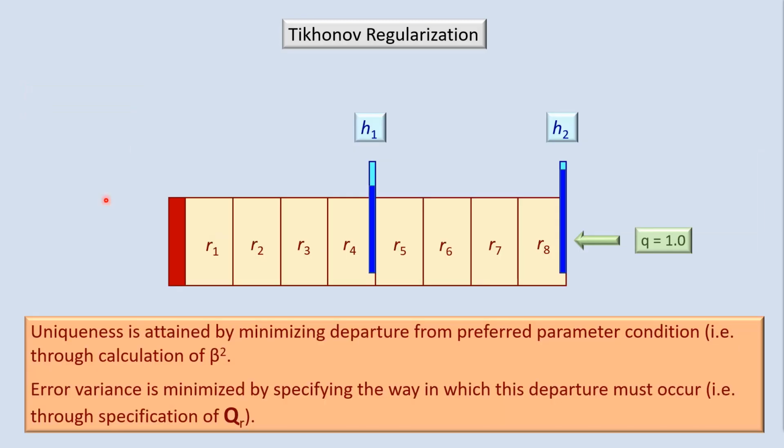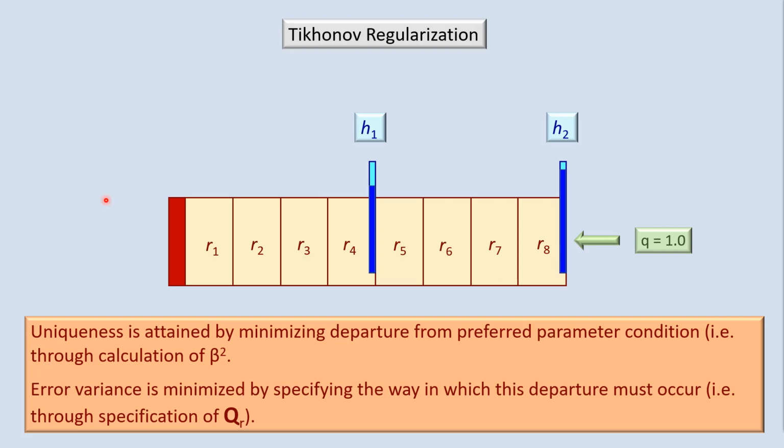So this then is a very pleasing outcome. We've attained uniqueness, and we've attained uniqueness in a way that we like, because we have specified what we like through the Tikhonov constraints.